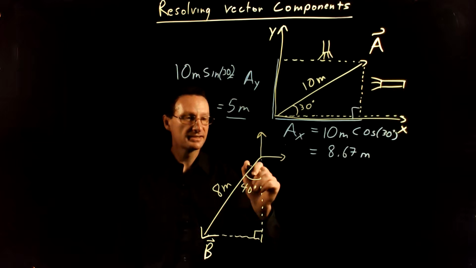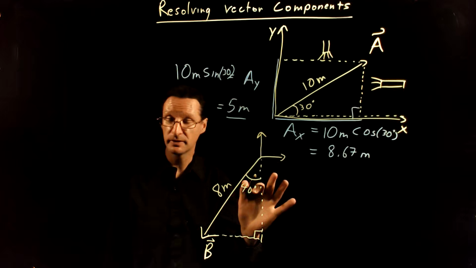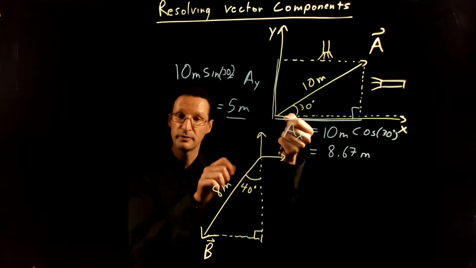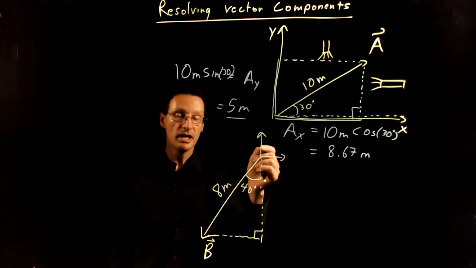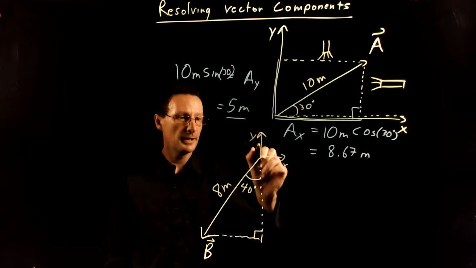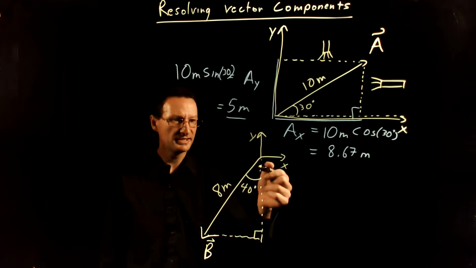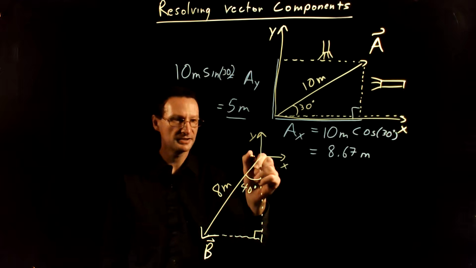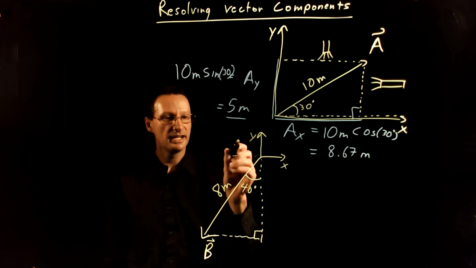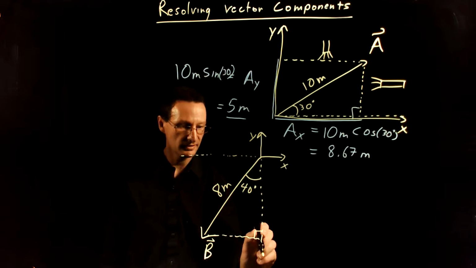We often draw the x and y axis like this with the vector at the origin. You don't have to put the vector at the origin. Remember, you can move these vectors around however you like, but for convenience we're putting it at the origin so we can find this. So you'll notice that in this scenario, B points in the negative x and negative y direction. So let me just extend my negative x-axis out this direction, and my negative y-axis is already sort of there.